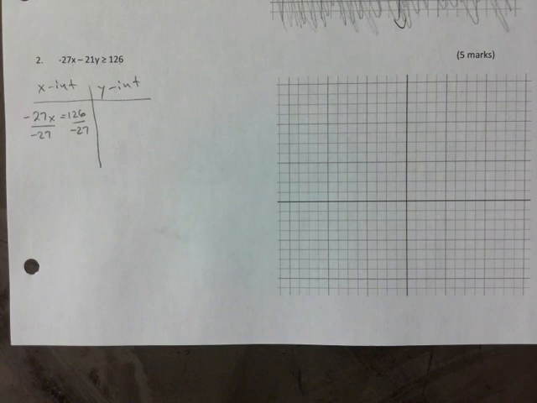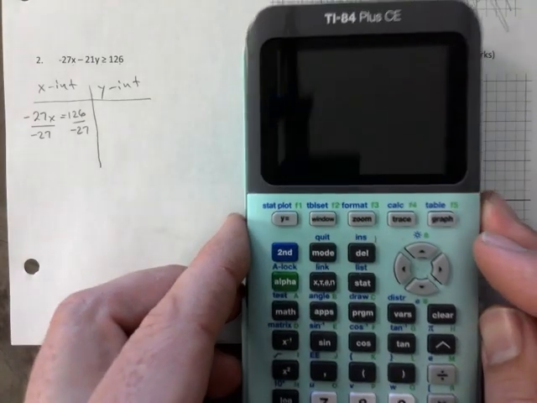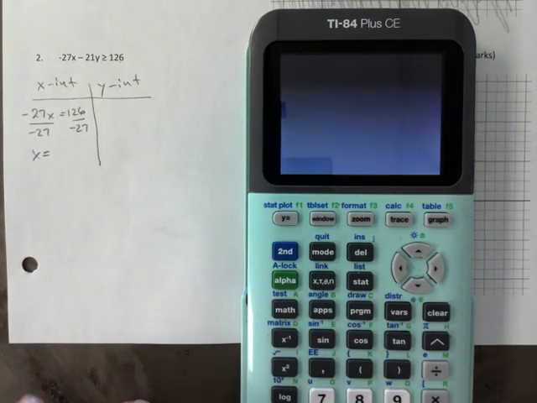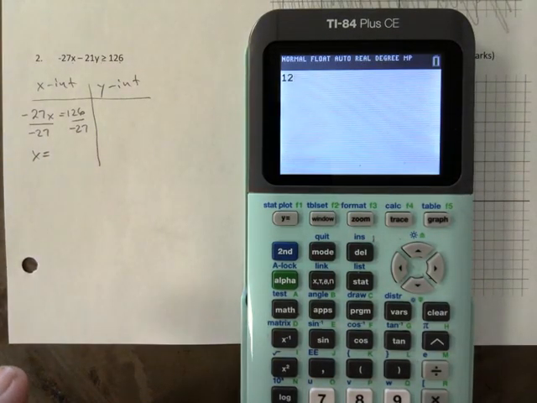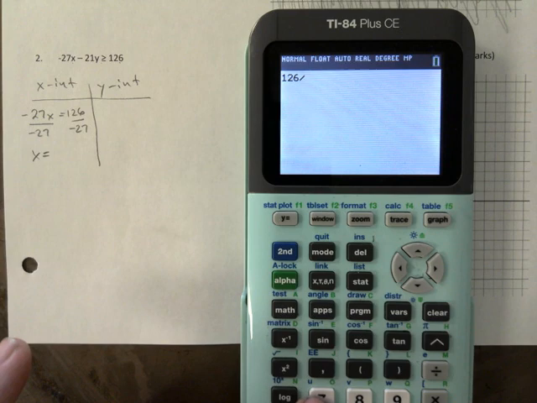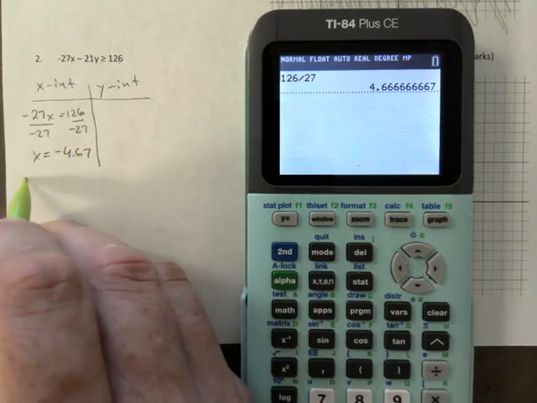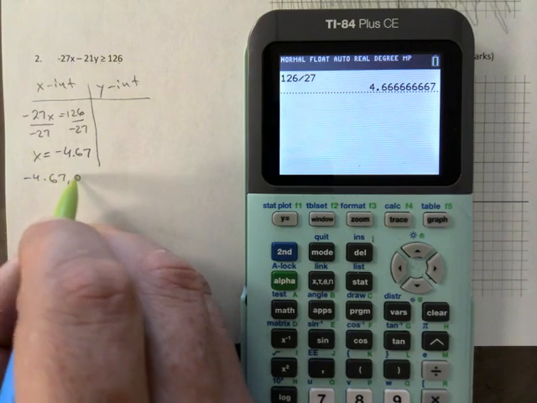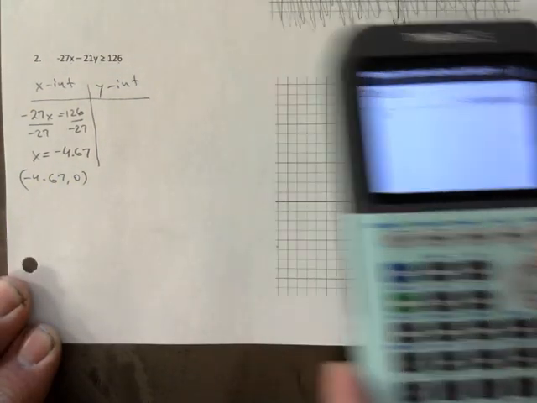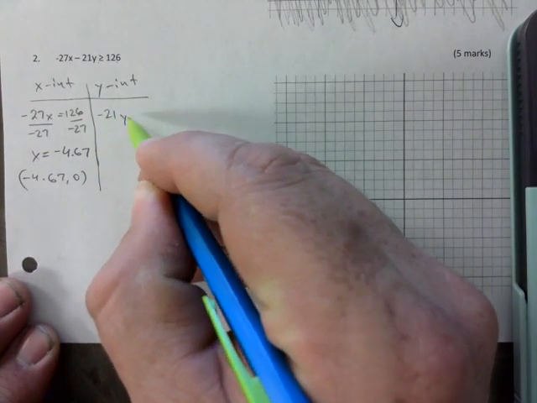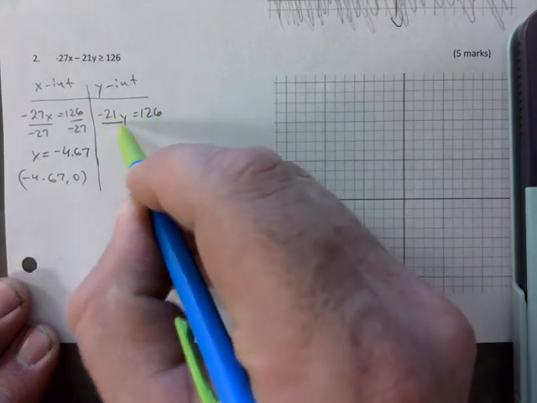We've got a calculator. So remember, we're doing this for graphing purposes. So that would be 126 divided by negative 27. That's negative 4.67. So negative 4.67, 0 is our x-intercept. The y-intercept is negative 21y is equal to 126.